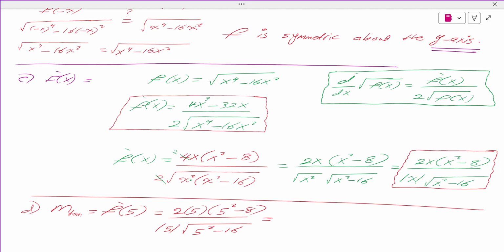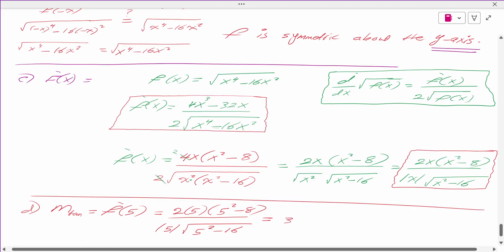Right, so this is going to be what? This is the slope of the tangent line. So this is 2 times 5 squared minus 8, and then 5 times root of 5 squared minus 16. This simplifies to 34 over 3. But this is not what we are looking for.